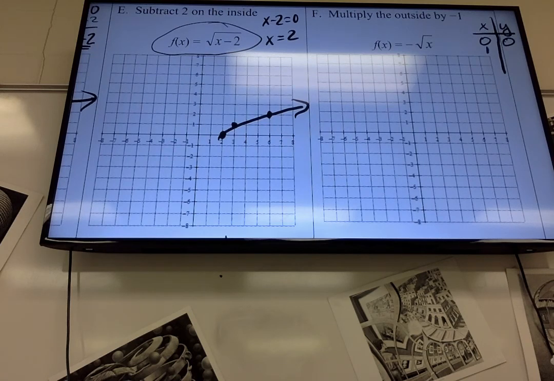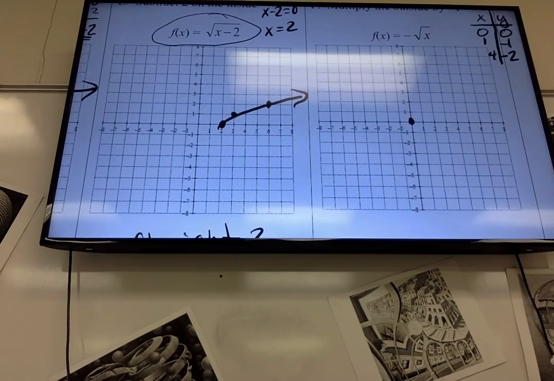If I plug in 1, what do I get out for y? -1, good. If I plug in 4, -2, good. So let's graph that. 0, 0, oops. 1, -1, 4, -2.